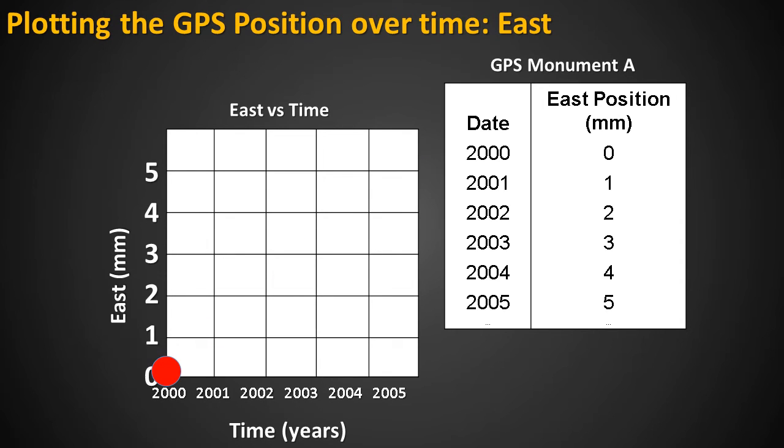We will next plot the points as they move in the east direction. Plot the first data point using time on the horizontal axis and east on the vertical axis. This first point goes here. Now plot the rest of the data points. This is where I would plot them.